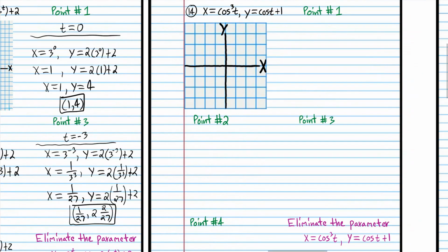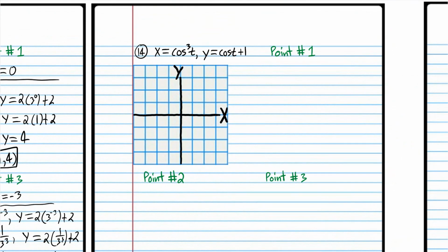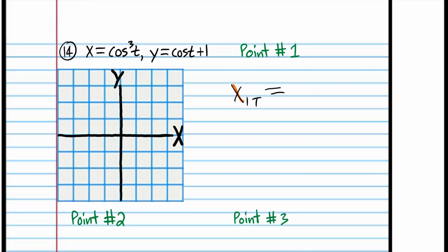Okay, we're back. So x1 t, you're going to need a left parenthesis, and then the cosine button, and then a variable, and 2 right parentheses. So it should look like this.